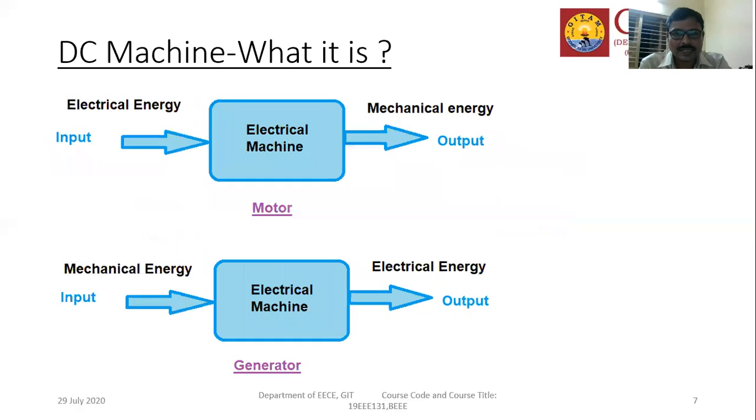Whereas every rotating machine, whether a generator or motor, has rotating parts, so there will be friction between the rotating and stationary parts. So there will be some loss of electrical energy in the form of heat produced by friction. Clear? Let us move forward.